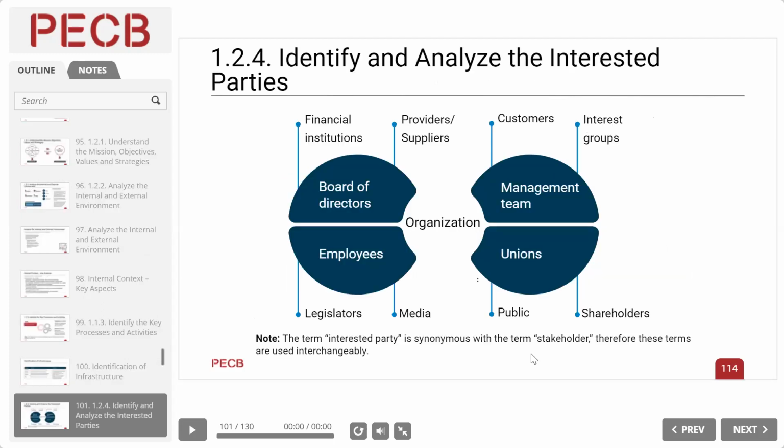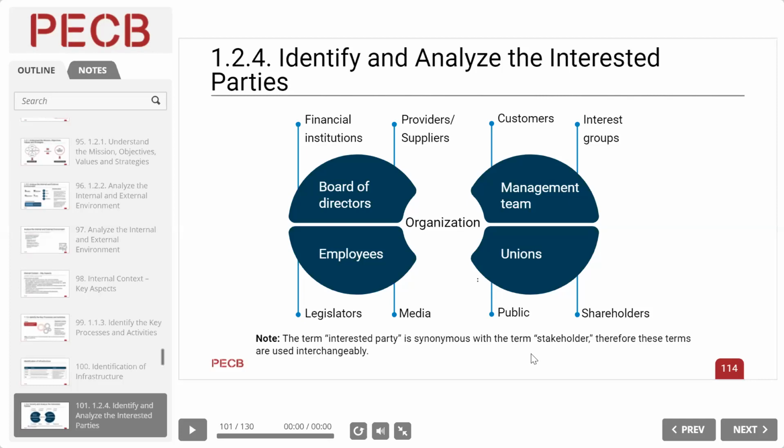Okay, these are the interested parties. As I said, an interested party, or what others might call the stakeholders, is any person, organization, or entity that is impacted by anything that happens to the organization in question. So your interested parties start from the board of directors, the management teams, your employees, and your unions.